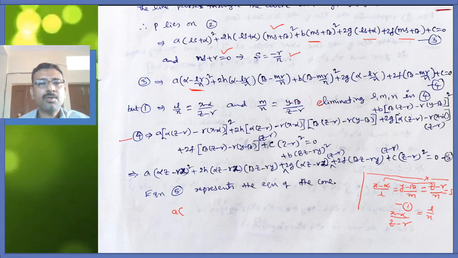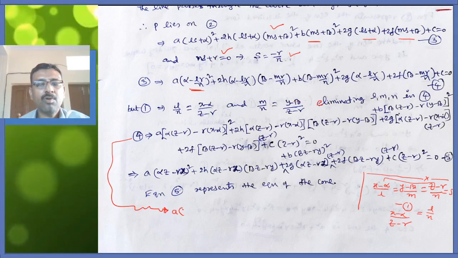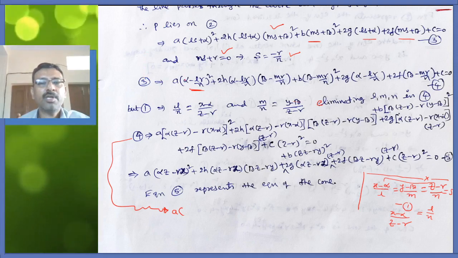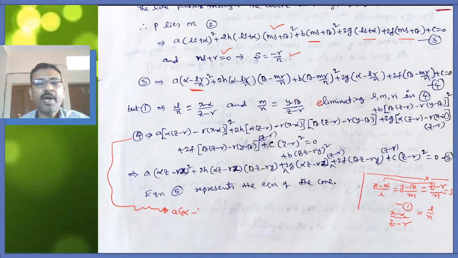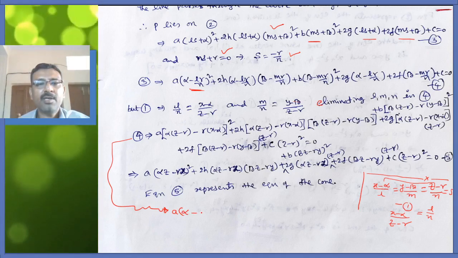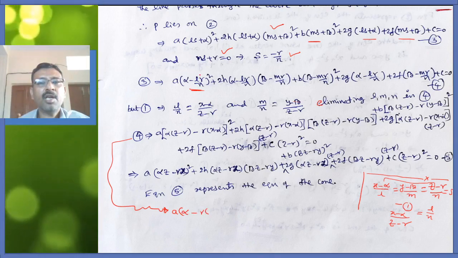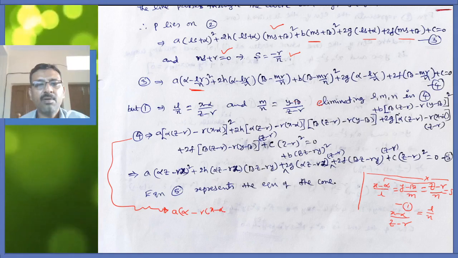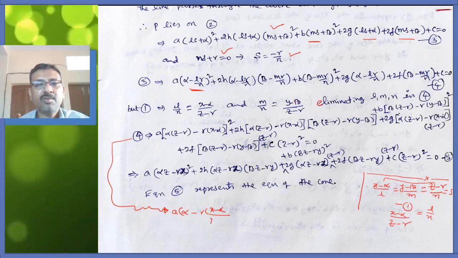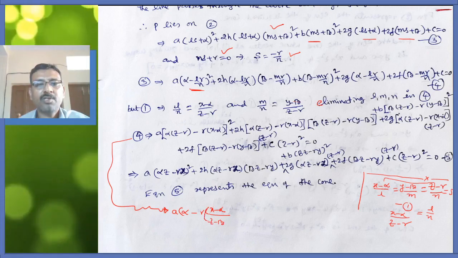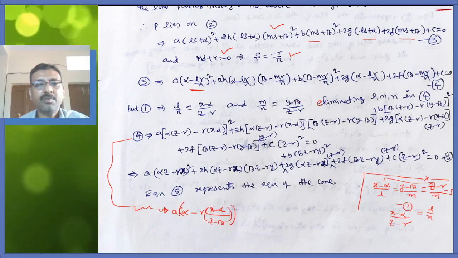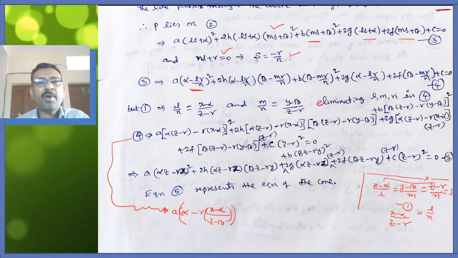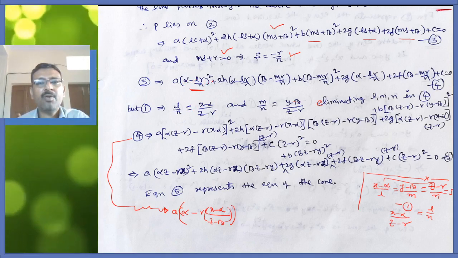It is a into alpha minus gamma into L by n, and L by n is nothing but x minus alpha by z minus gamma. This is my a into alpha minus L by n gamma whole square.